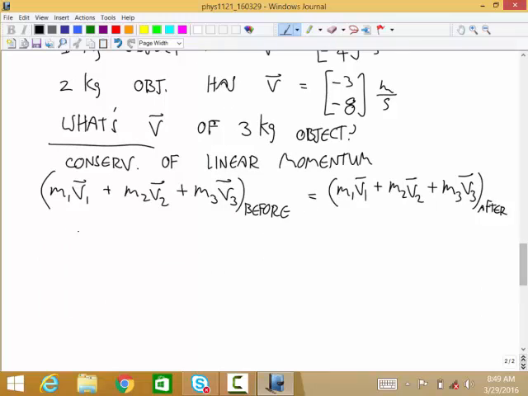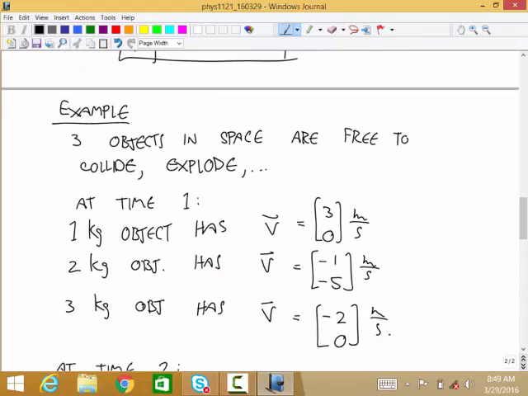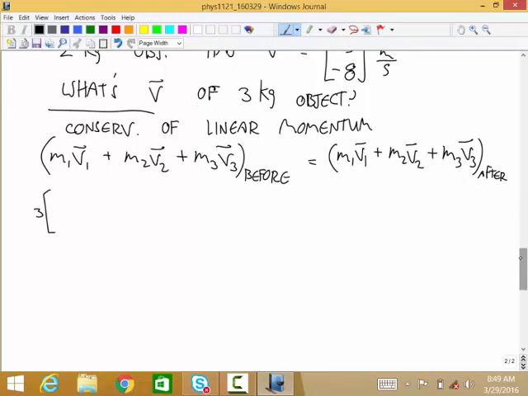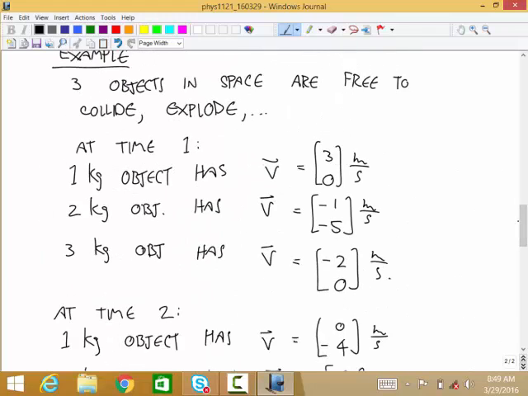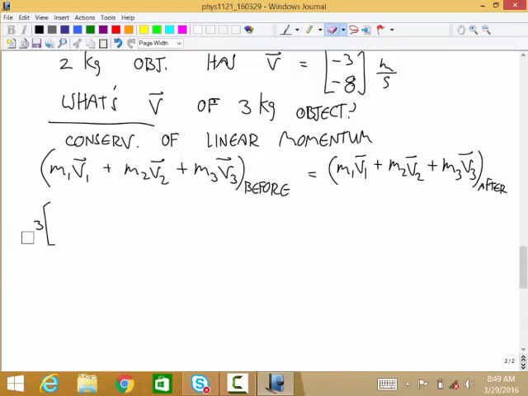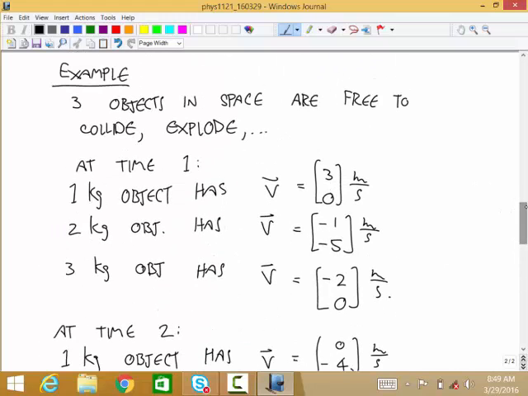And so we have three times, what are the vectors? Oh, no. The 1 kilogram object has a velocity of 3, 0 before. The 2 kilogram object has a velocity of -1, -5.